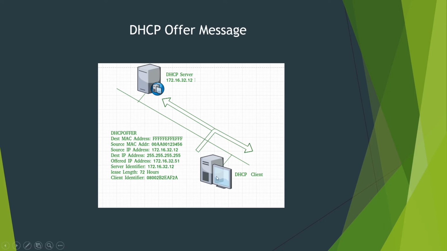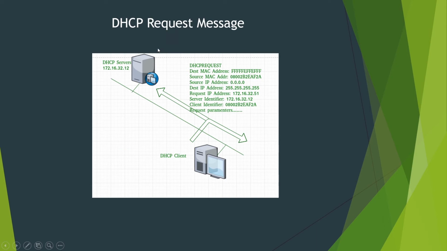Now this client should check with everyone in the network whether there is any other computer with the same IP address. So on receiving this offer message, the client sends an ARP request to find any computer having that IP address and its MAC address.